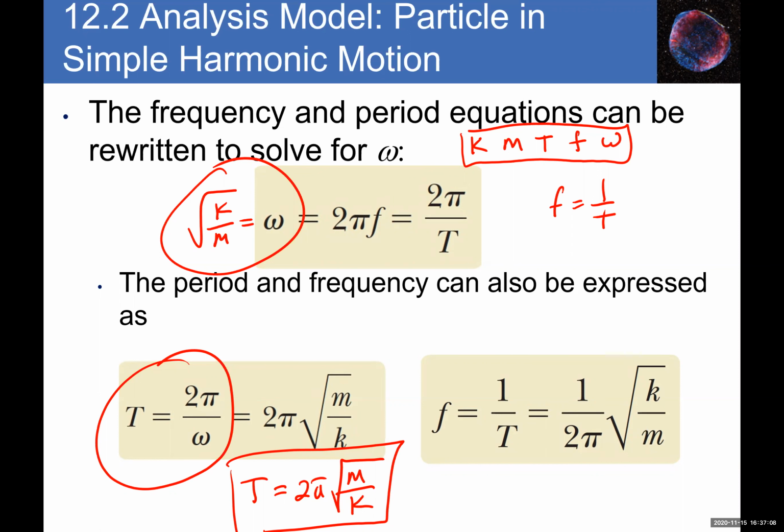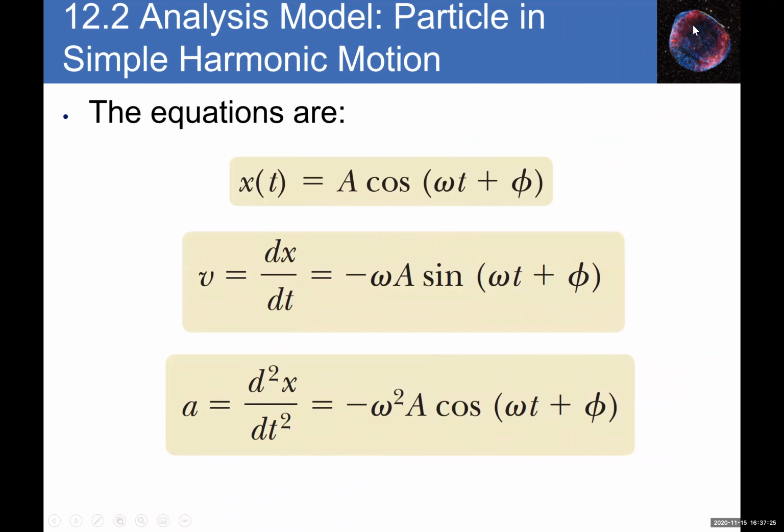All right, so those are the variables. Again, we have spring constant k, mass in kilograms, period in seconds, frequency in hertz, omega in radians per second. Then putting all those together with the equation of the position that we talked about for simple harmonic motion, you can see that we have three equations of motion.